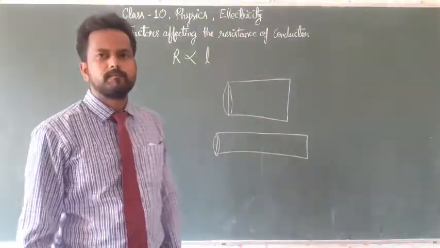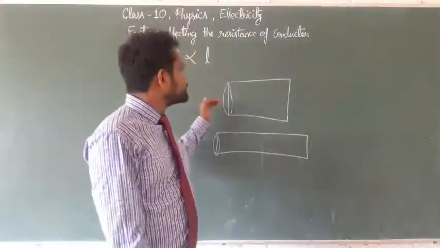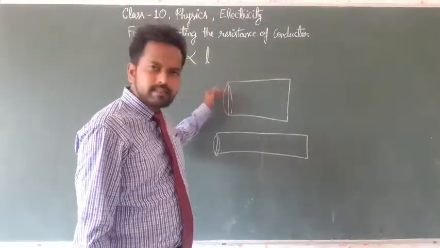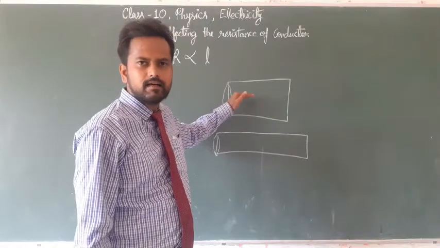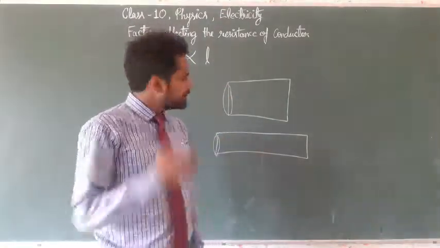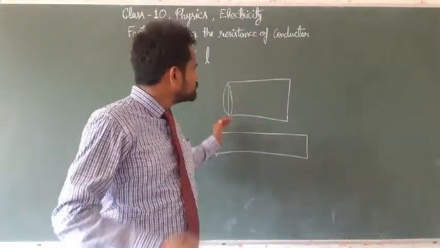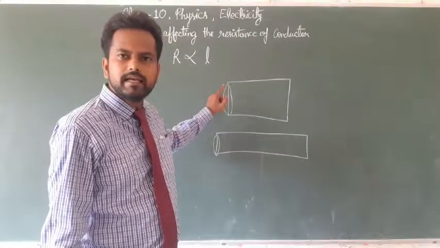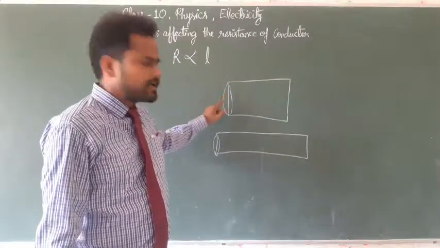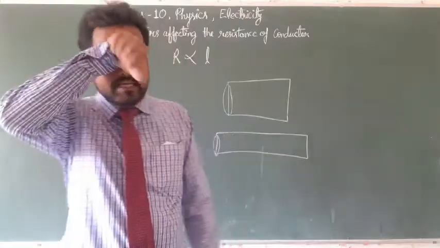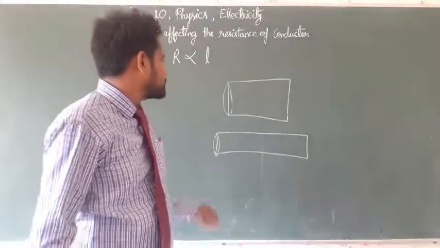So it is very easy to travel in this cross sectional area than this area. Why? It is very easy to travel where the cross sectional area is greater, and it is very difficult to travel where the cross sectional area is small.